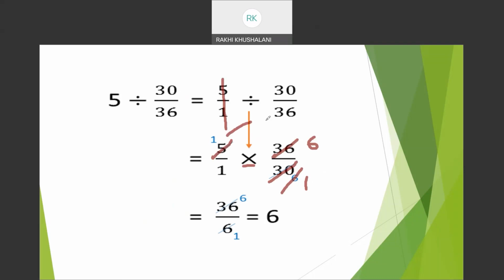Now multiply your numerators because there is no more common factors between the two. Remember the equivalent fraction in the reduced form, and the answer that you get is 6 upon 1, which is equivalent to 6. Okay, children? We will see the previous one also here.